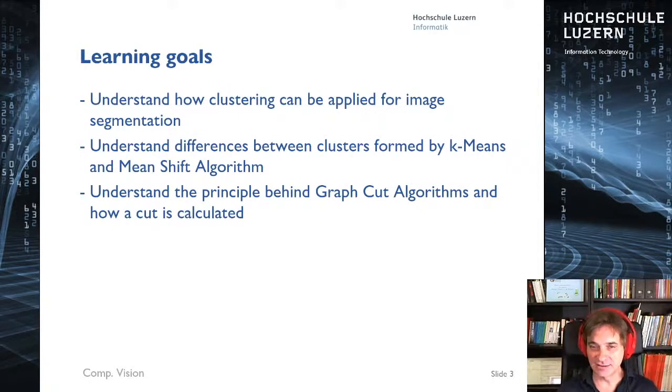At the end of this lecture, you should understand what we mean by using clustering for image segmentation, and how we can apply those clustering methods to segment an image. You should know the differences between the two clustering algorithms, k-means and mean shift, and the advantages and disadvantages of each.